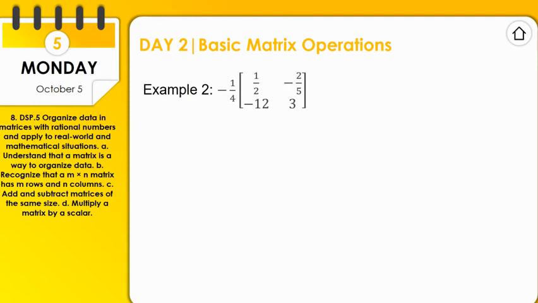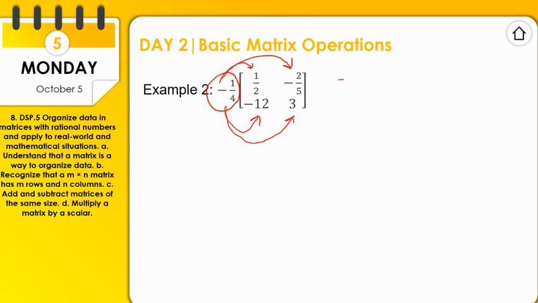So for example 2, we have a fraction outside the matrix. With basic matrix operations, when we multiply, you just need to remember the rules for multiplying fractions. So again, -1/4 is multiplied by everything inside the matrix.